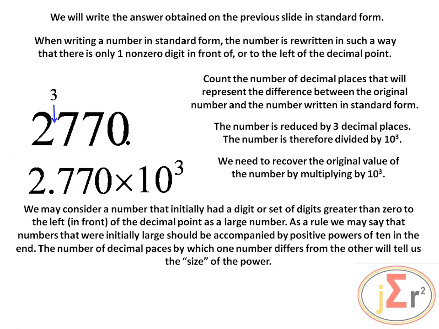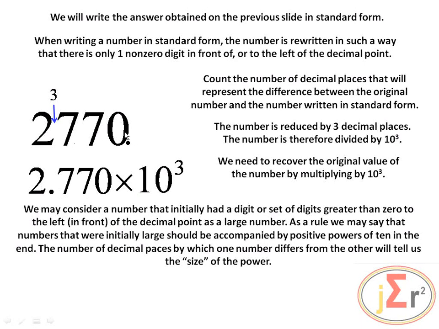In the beginning, we have decided that the sign of the power of 10 that we are going to accompany the number with will be positive, because it is large, having non-zero digit to the left of the decimal point. Positive, but positive what? Is it positive 1, 2, 3, or 4?